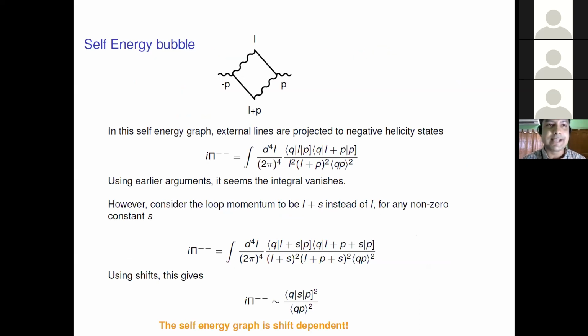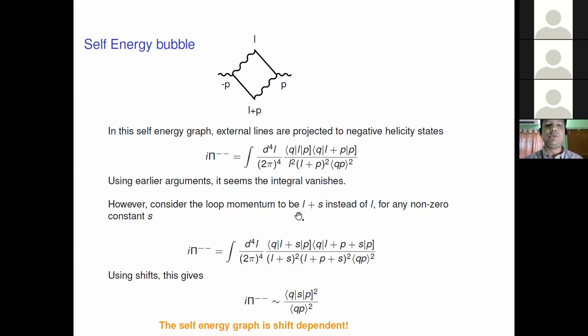So for the bubble diagrams, we need to calculate the self-energy bubble first. Here in the self-energy bubble, by using Lorentz invariance arguments, we can see that this integral vanishes, because the divergent part is proportional to L mu plus P nu, and then L is proportional to P. So this PP bracket will vanish because of the spinor identity, and therefore this is vanishing to begin with.